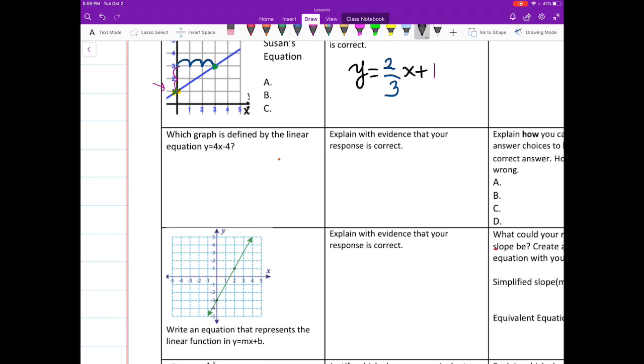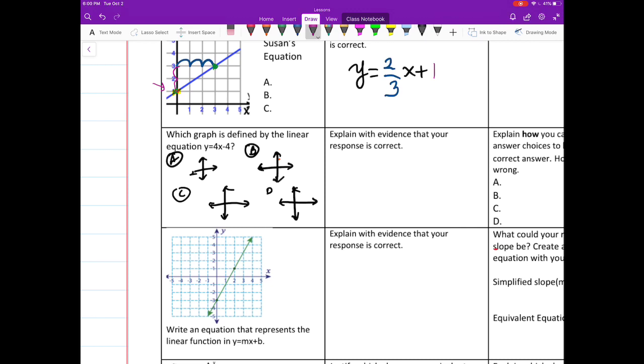All right. Which graph is defined by the linear equation 4x minus 4? Well, we may not have all the graphs here. Okay, so you're going to have four graphs, and then you have to pick which graph on the quiz has that.